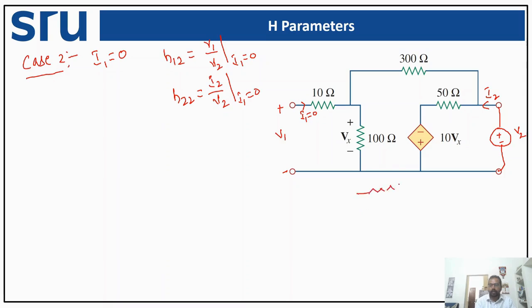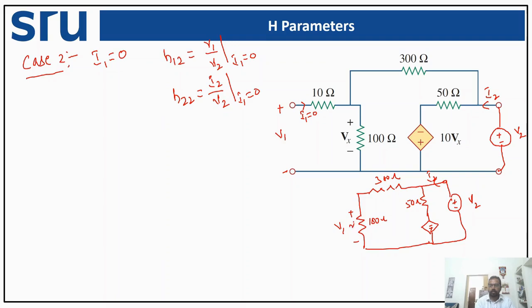We are going to have a 300 ohm resistor here, a 100 ohm resistor here, and a 50 ohm resistor here. Here we have a dependent source, minus plus, and this is the point where we have the voltage source V2 plus minus, and this is the current I2, and this is V1 plus minus, which is also equal to Vx.